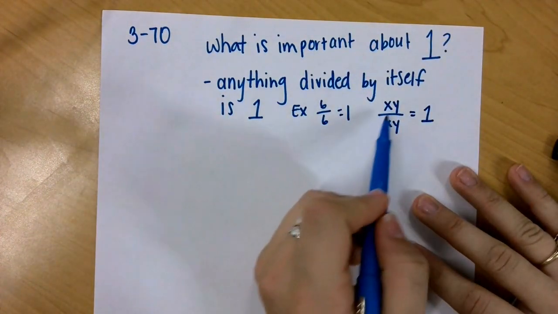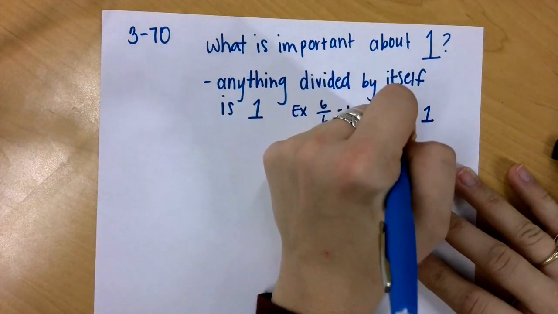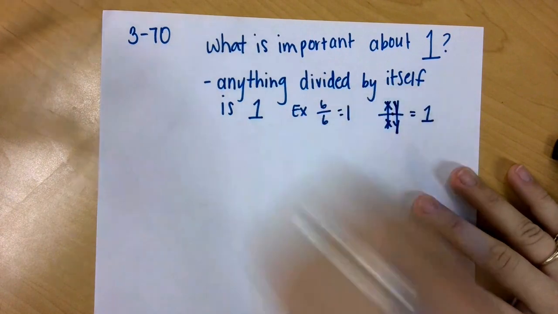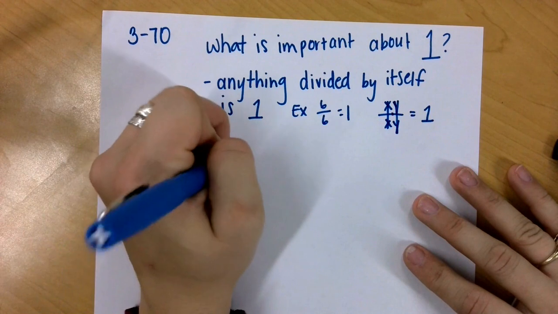A lot of times I'll see people write that it equals xy. It doesn't, because this turns into a 1, this turns into a 1. So 1 times 1 equals 1. The next one is multiplying by 1.